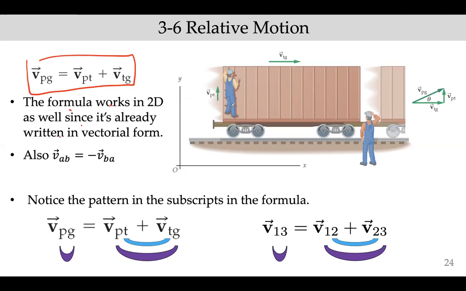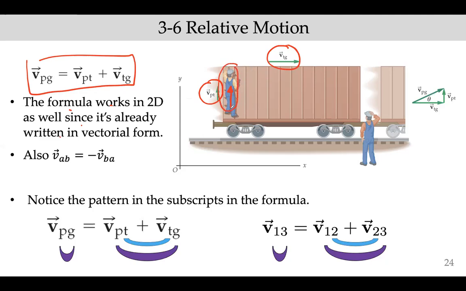Let's say this passenger now is climbing up. This is the velocity vector of the passenger with respect to the train, and the train, with respect to the ground, is moving to the right. Now, what will the observer on the ground see as the velocity of this passenger?